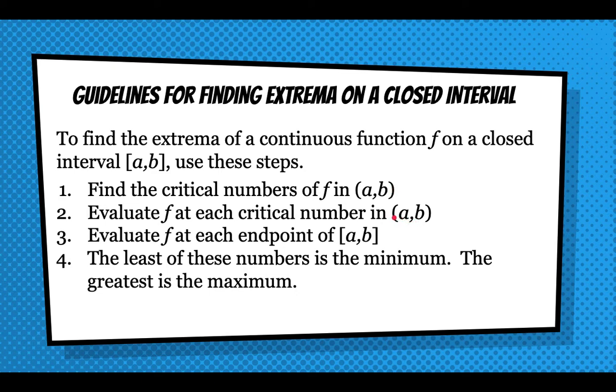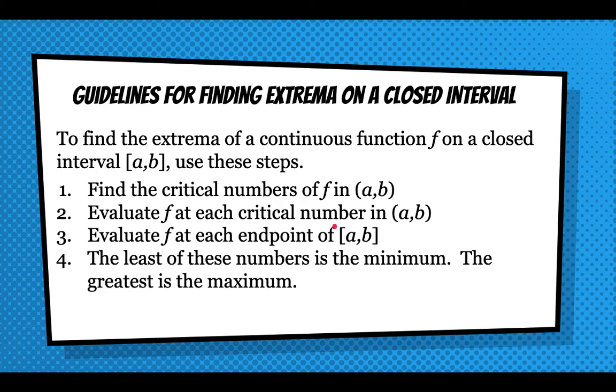We're going to evaluate f at each critical number. Then we're going to also evaluate at the endpoints, because again, the endpoints could be a maximum or a minimum. And then we look at all of these. The least of these is the minimum, the greatest is the maximum.